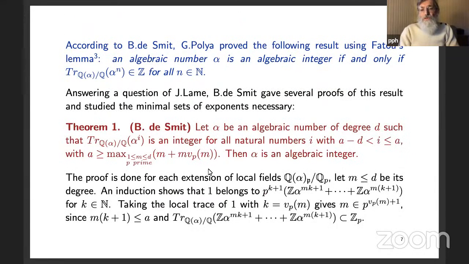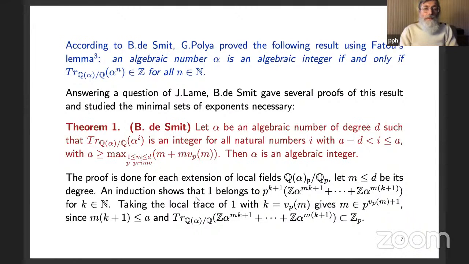The proof of the result is done locally, by looking at the integrality of the number alpha for each place. And eventually, this is looking at the trace of 1, which is equal to the degree of the extension, so that is m here denoted.